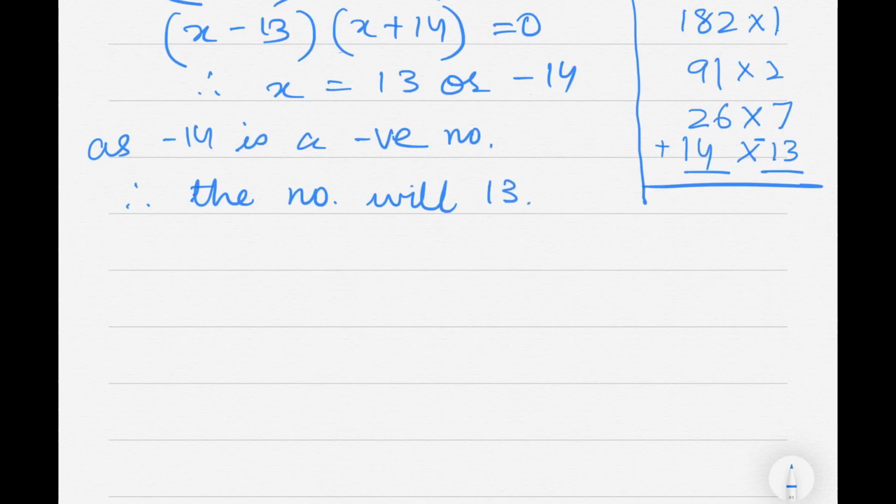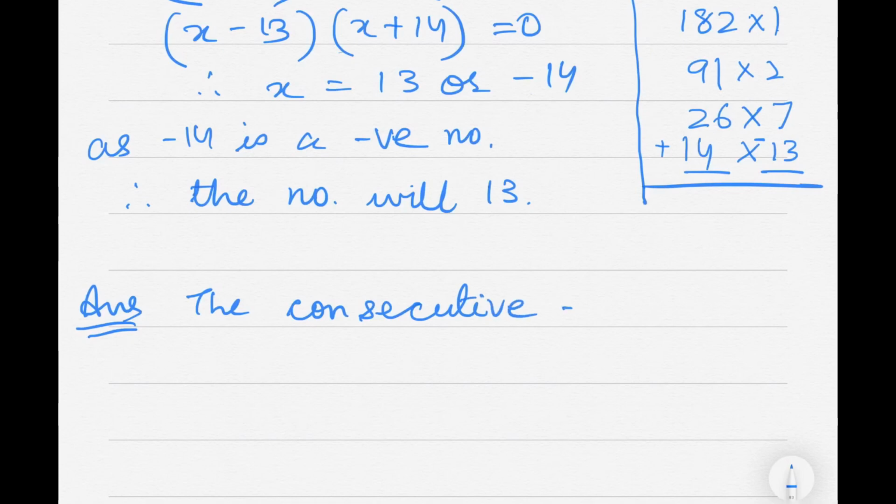So minus 14 is a negative number, so we don't have to consider that because in the question it was asked. So I can write my answer that the two consecutive positive integers are 13 and the next number, right? So 13 and 14 will be my answer, correct?